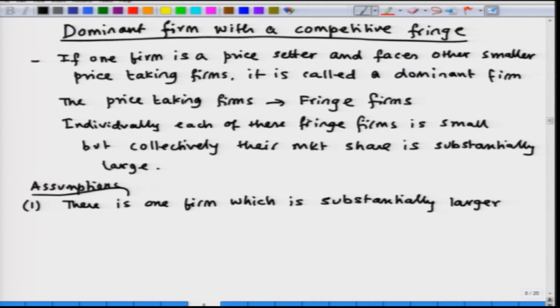Then, all firms other than the dominant firm are price takers.